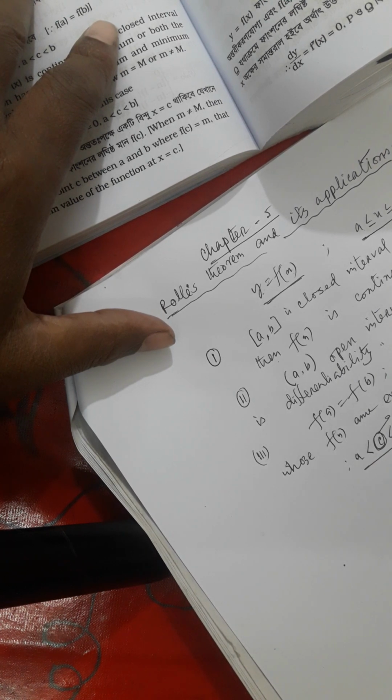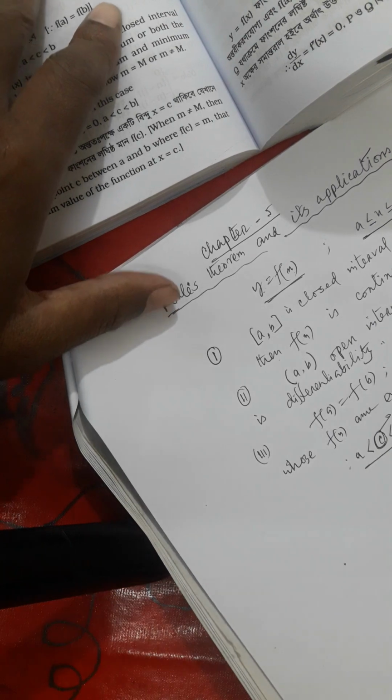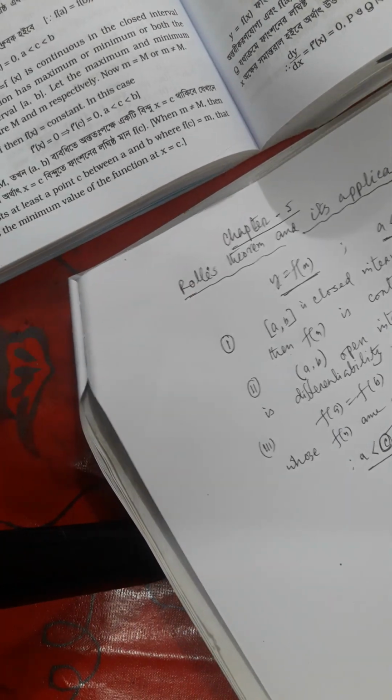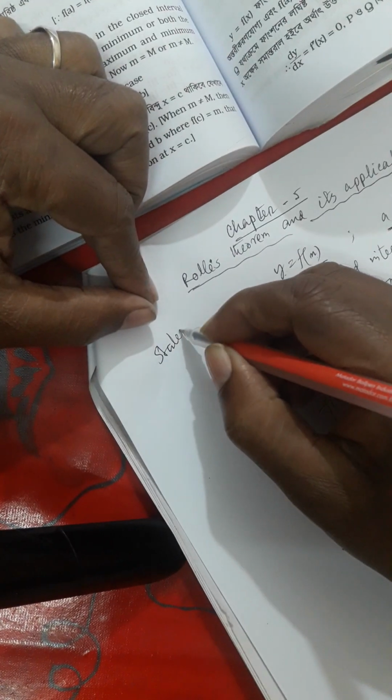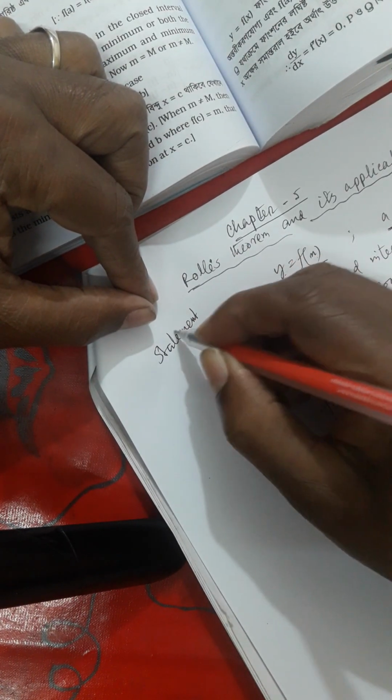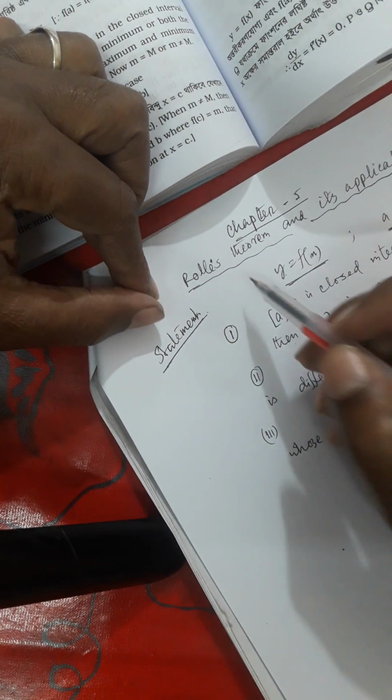Then a, c belongs to a to b, right? Okay. And this is the statement of Rolles theorem.